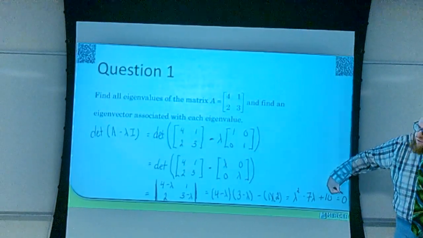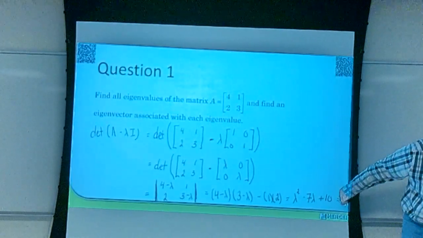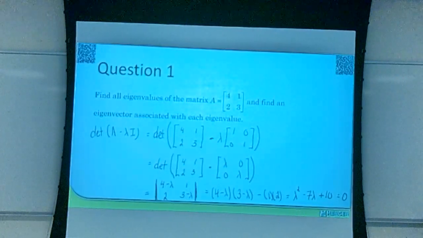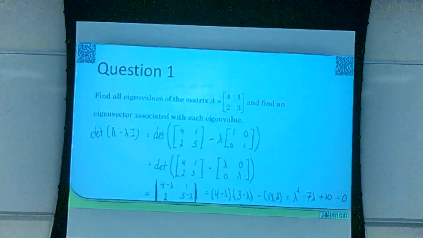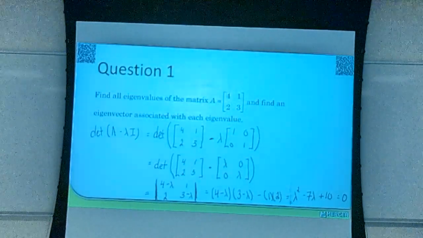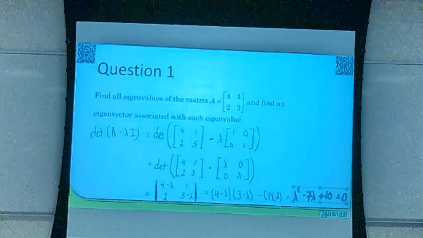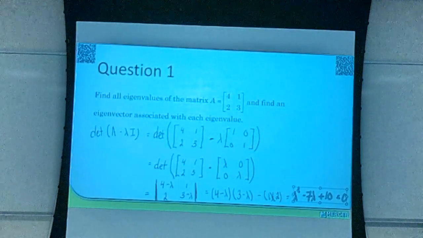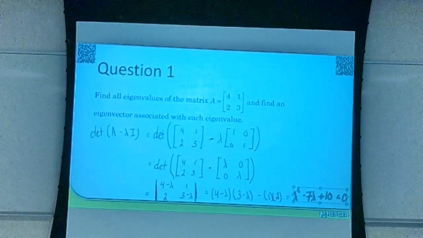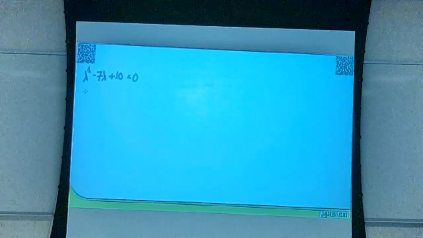Then setting it equal to 0 is the characteristic equation. What I'll do is copy this to the next line. Solve it.